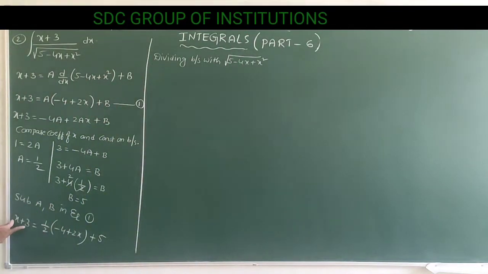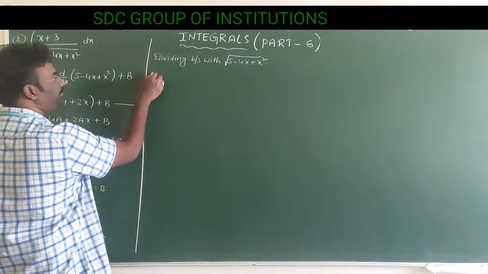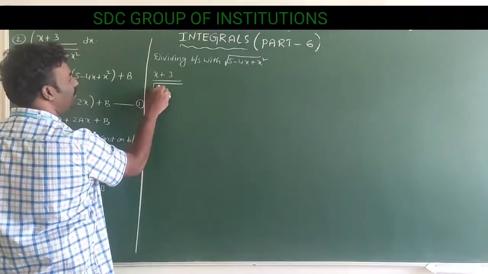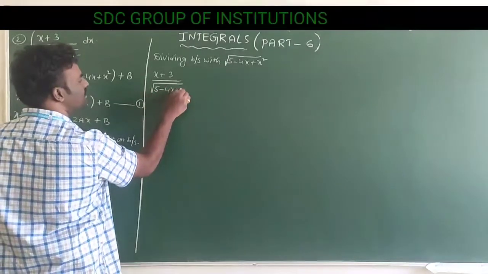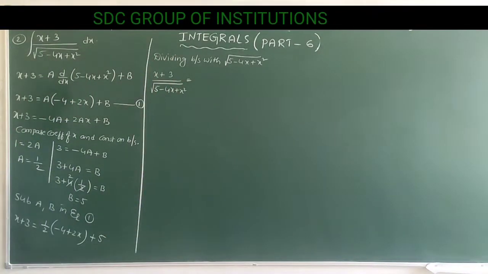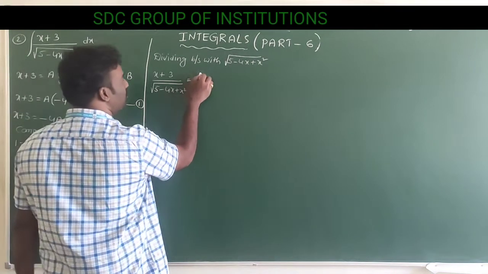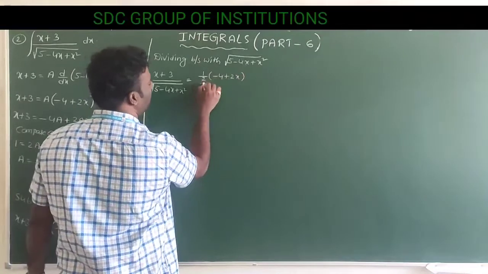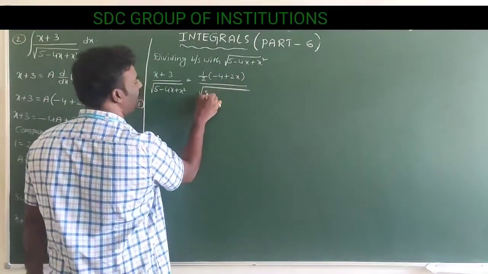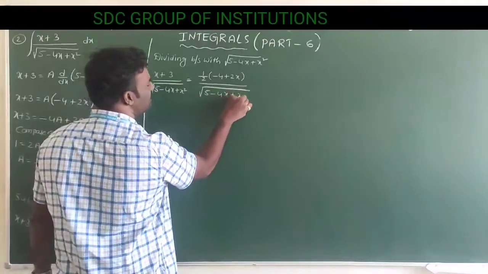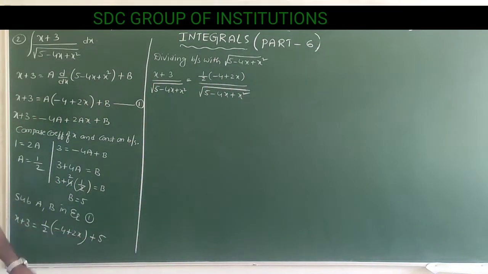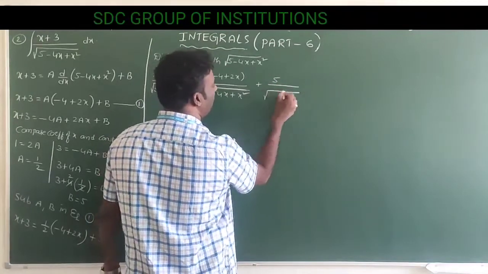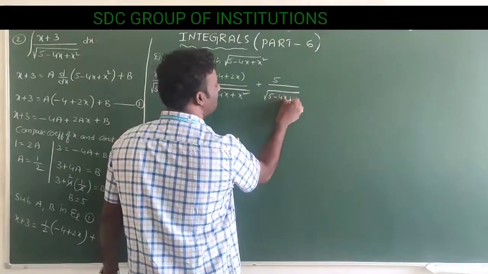Okay. Left side, what is the value? (x plus 3) by under root of (5 minus 4x plus x square). Right side, what is the value? 1 by 2 into (minus 4 plus 2x) by under root of (5 minus 4x plus x square), plus 5 by under root of (5 minus 4x plus x square).